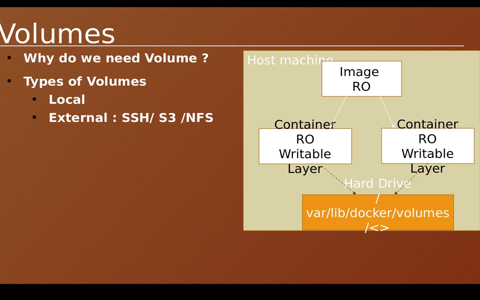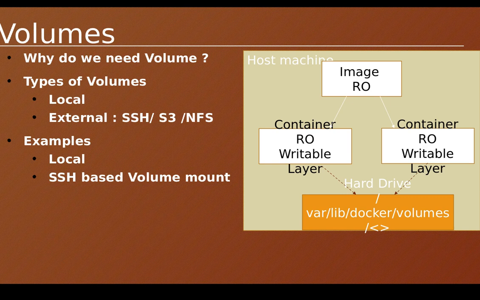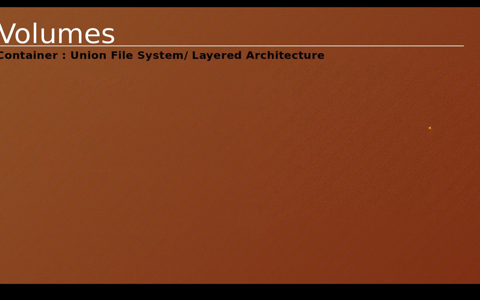There are many plugins available with volumes. You can plug and play directly, as volumes are also kind of a container. You can pull the image of those and run it. And we also have examples, like local and SSH-based mountings.